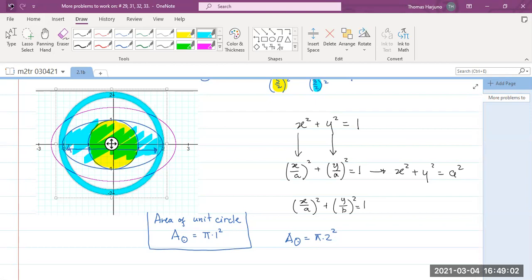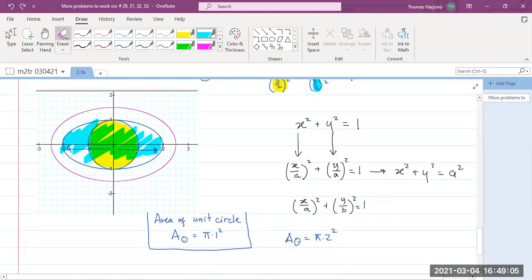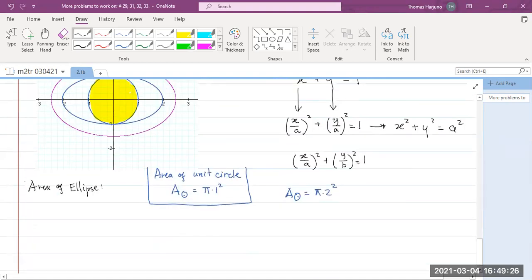In other words, the area of an ellipse with equation x squared over a squared plus y squared over b squared equals 1 is given by pi a b.